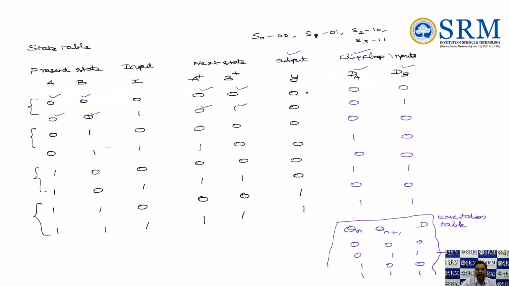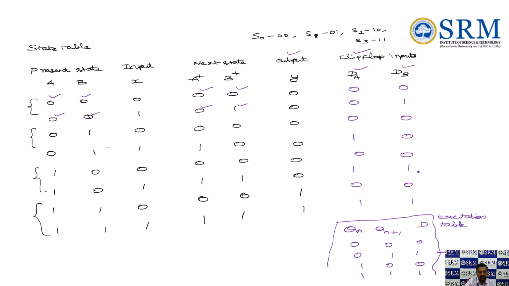Now comes the flip-flop input DB. So 0 0 1 I'm having 1. 0 0 1 it's 1. Next where we are having 1, 1 0 1 I'm having 1, 1 1 0 1, and triple 1 I'm having 1. Now group these two variables, again group these two variables.